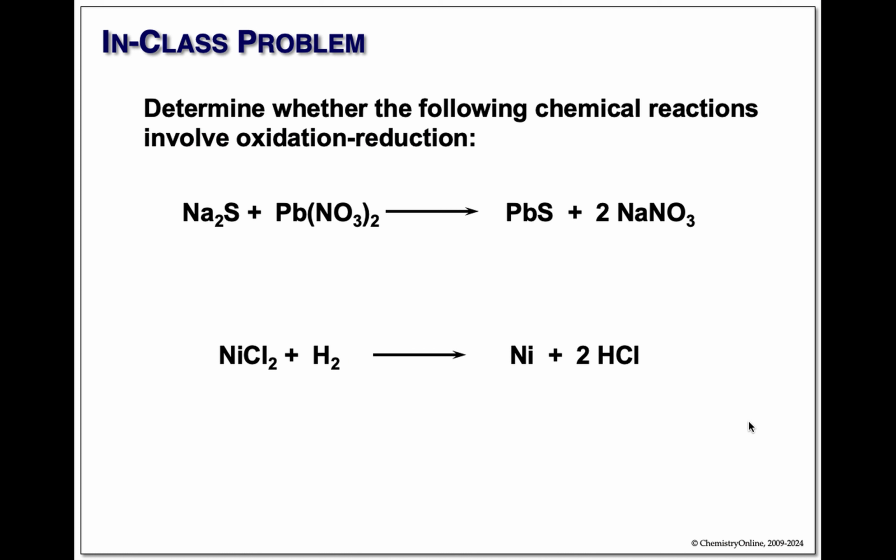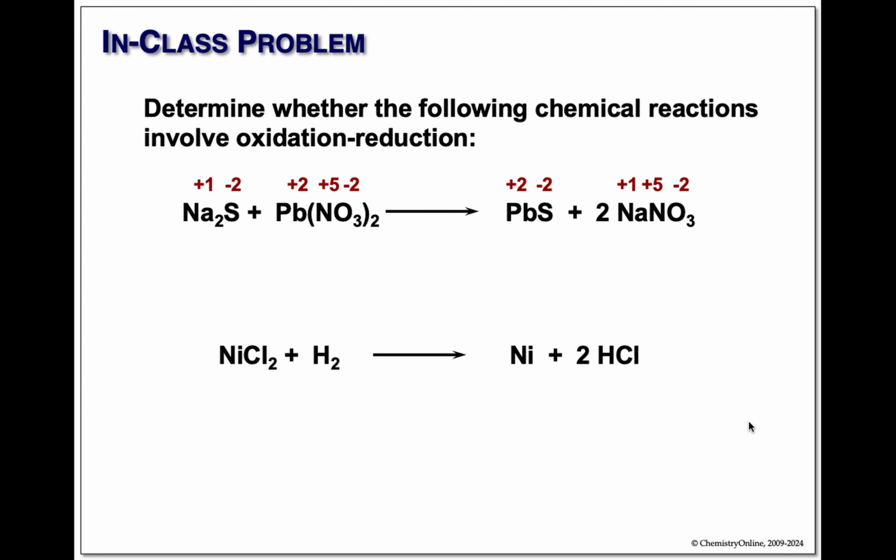Sodium sulfide reacts with lead nitrate to get lead sulfide, that's insoluble, right? And sodium nitrate. Is this redox? Well, there are no elements. Sodium will be +1, sulfide -2. Lead is its charge, that's +2. Nitrate's -1. The nitrate is made up of a +5 and 3 O 2 minuses.